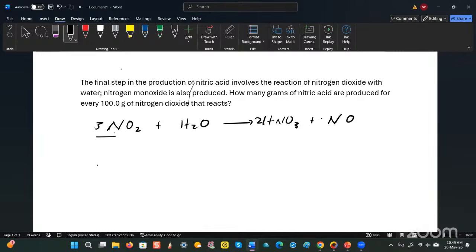Okay, so the question is asking how many grams of nitric acid are produced for every 100 grams of nitrogen dioxide that reacts. So we're going to start with 100 grams of NO2, and we're going to convert that to moles.